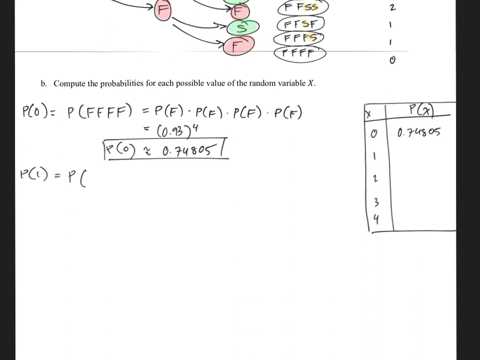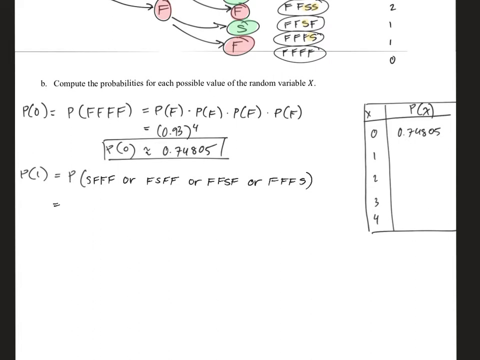So the times we got 1 for our answers was either SFFF or FSFF or FFSF or FFFS. As you can see, this is getting bigger.